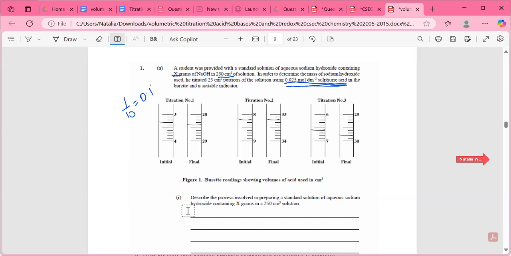All right, so describe the process involved in preparing a standard solution of aqueous sodium hydroxide containing X grams in 250 centimeters cube solution. So the first thing we're going to do is to measure X grams using an analytical balance.